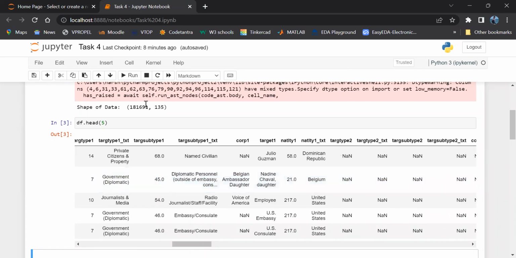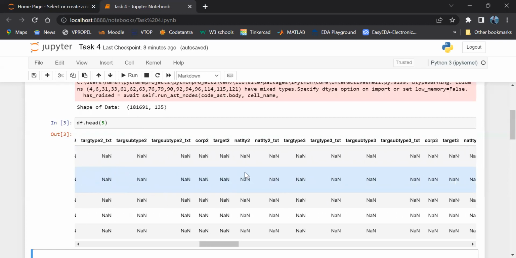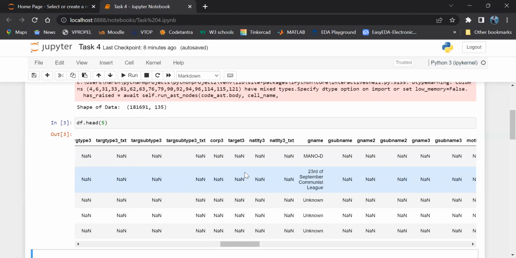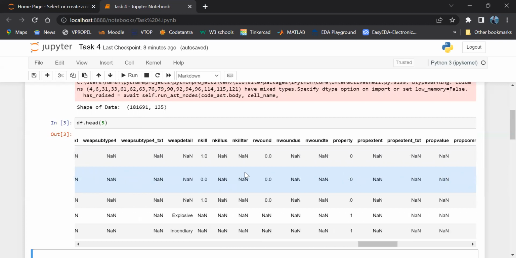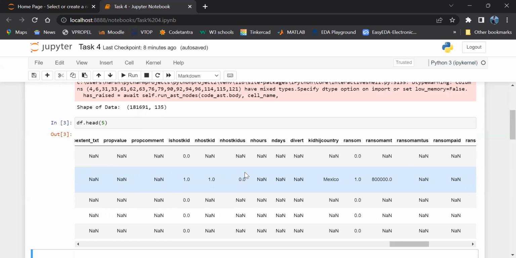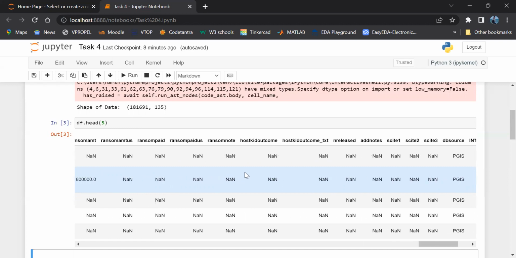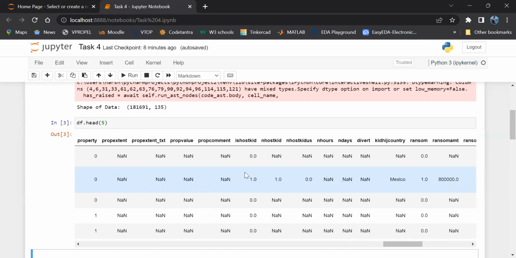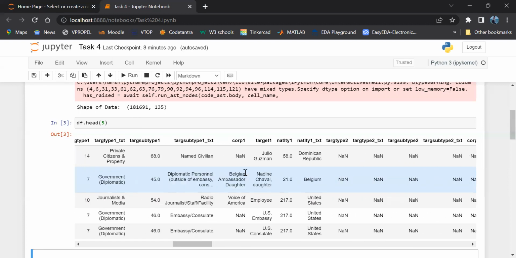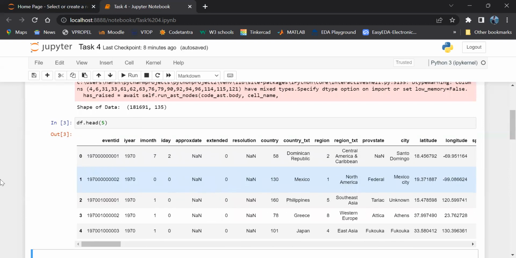This data consists of 135 columns and 181,000 rows. Many of these columns have NaN values, and performing exploratory data analysis on so many columns is really hard. So what we can do is take a subset of these columns.